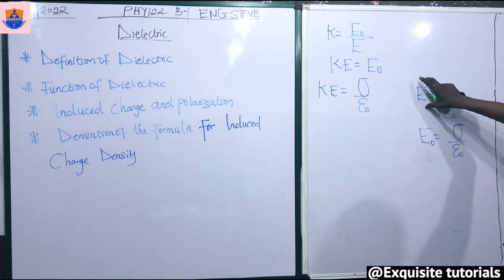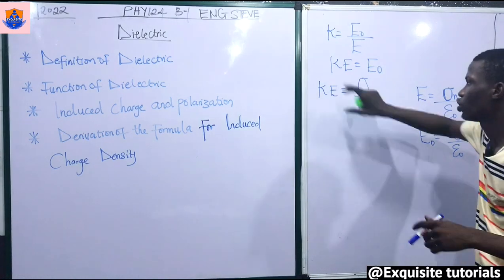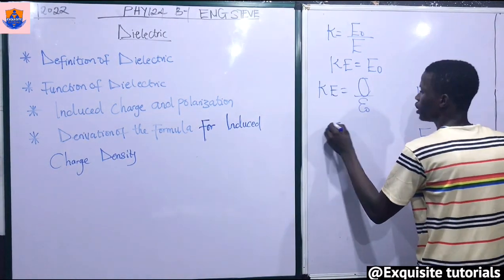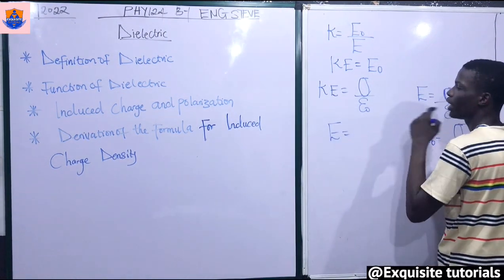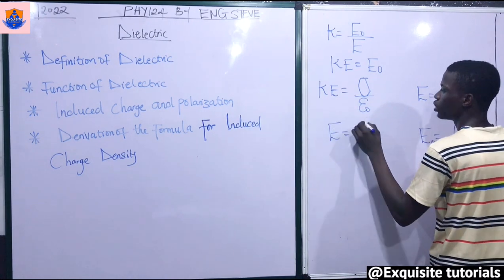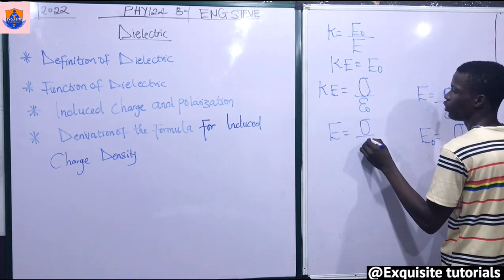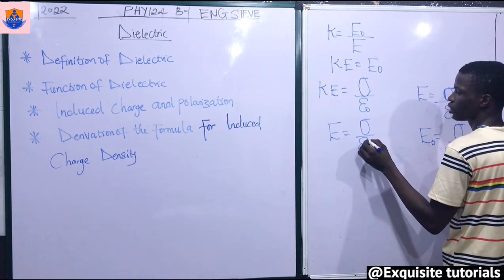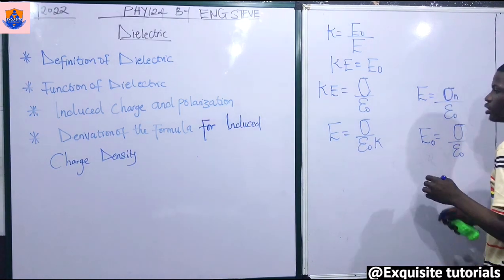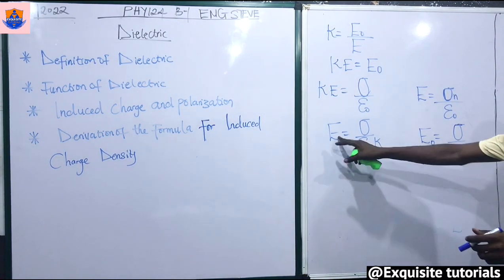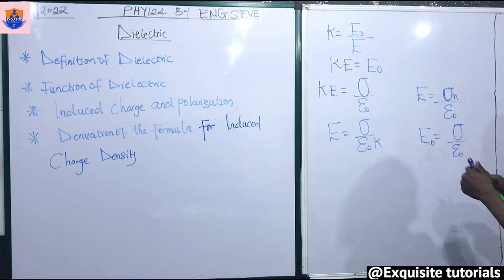Remember, this value was our E. Let's make E the subject of the formula here. If I make E the subject, we'll be having E is equal to sigma all over epsilon naught K. This E is equal to this E, so I can make them equal to each other.